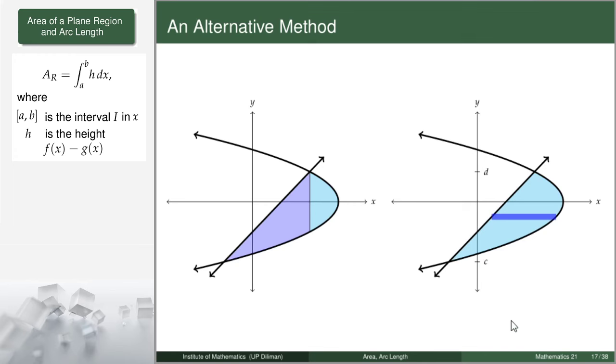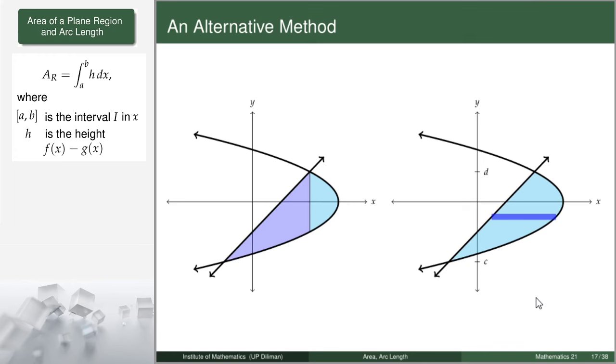When you do a horizontal analysis for this, you will see that the height of the rectangle now will be contributed by the right function here, or right curve, and the left curve here. Unlike this case where the top function changed, in this case, the right function will remain the same and the left function will also remain the same wherever I draw a rectangle in my region.